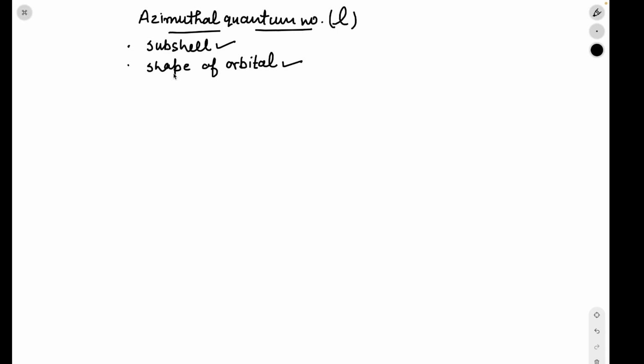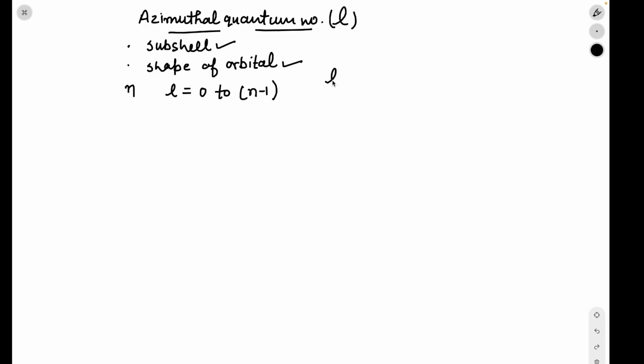So for a given principal quantum number n, the value of L can range from 0 to n minus 1.